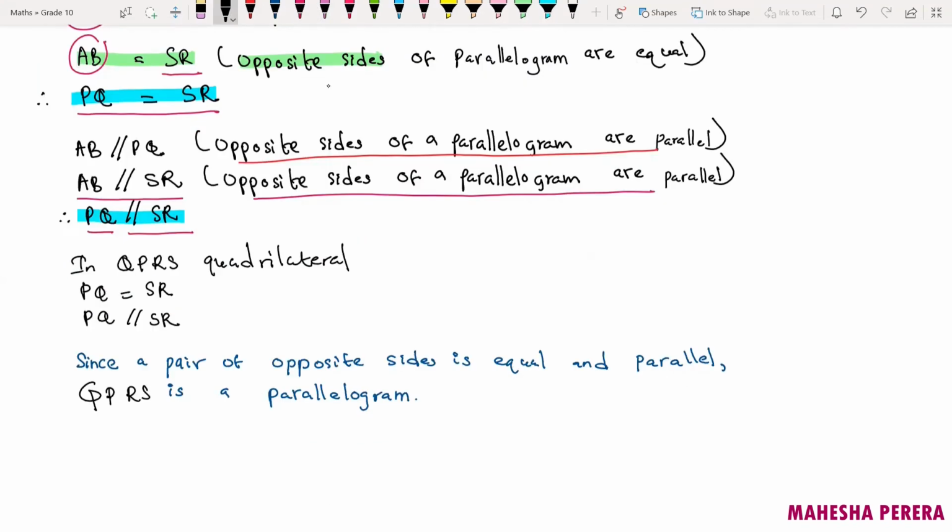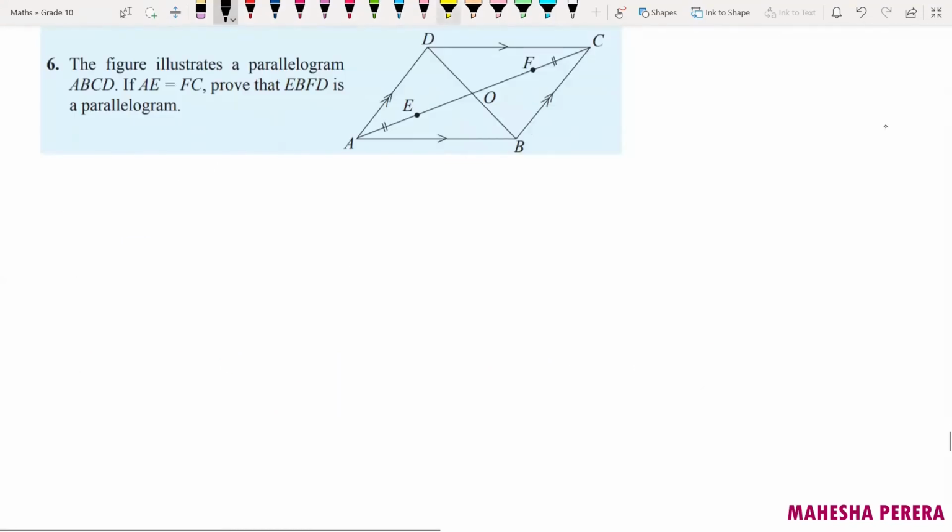So we can say that in quadrilateral QPRS, PQ equals SR as well as PQ is parallel to SR. So we can say since a pair of opposite sides is equal and parallel, QPRS is a parallelogram. Okay, let's read the next question.